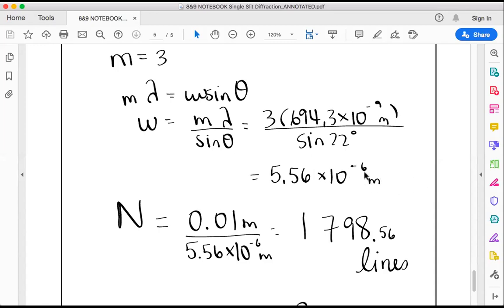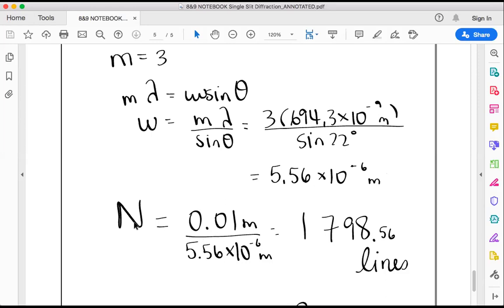Then we can use that ratio with the 1 centimeter that we know the diffraction grating is. I would actually prefer to do this using unit analysis. I would say 1 centimeter times, and then I would use this as a ratio, but I would flip it. So it would be 1 line divided by 5.56 times 10 to the minus 6 meters. That's how you get the division.